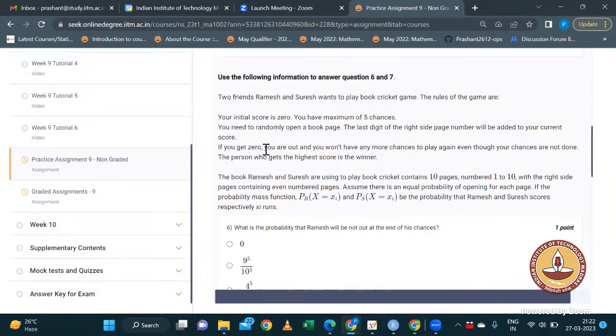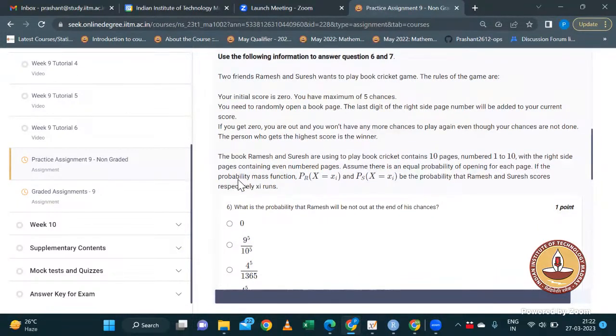That means if you get 0, you are out and you won't have any more chances to play, even though your chances are not done. Suppose you got 0 at the third chance, then you will not play further, right? And the person who gets the highest score is the winner.